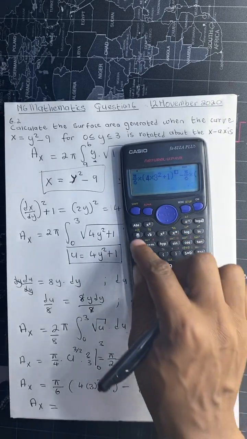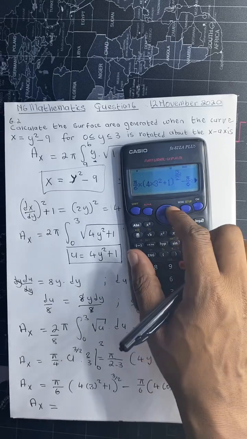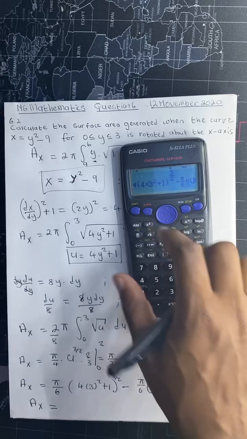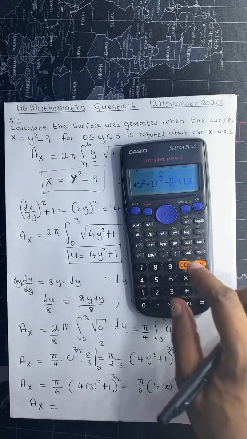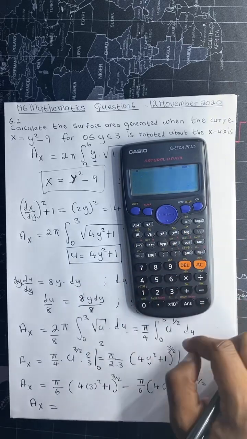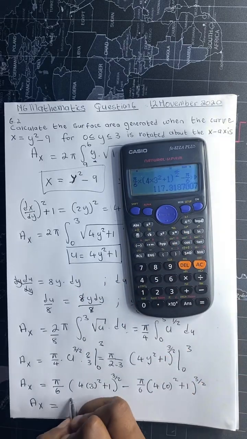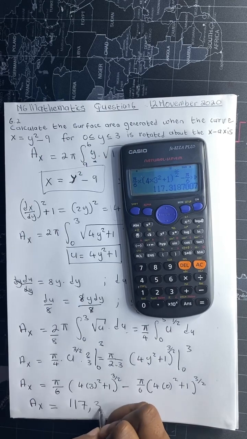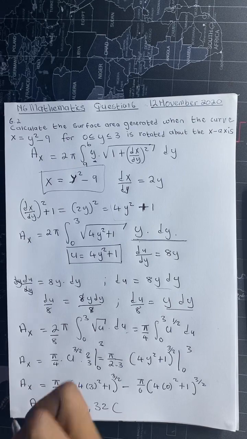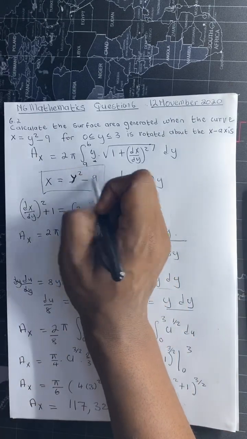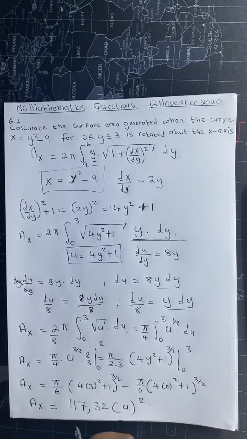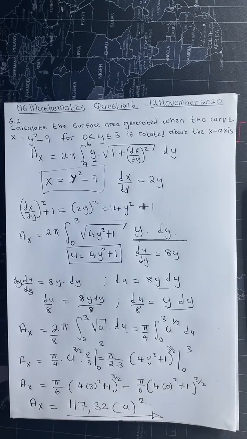Raised to the power 3 over 2 minus pi over 6, 4 multiplied by 0 will be 0 plus 1 raised to the power 3 over 2, and this will be equal to 117,32. And because this area is calculated in square, and we are not given any centimeters or meters, let's just use unit square. So this will be our answer for question 6.2.